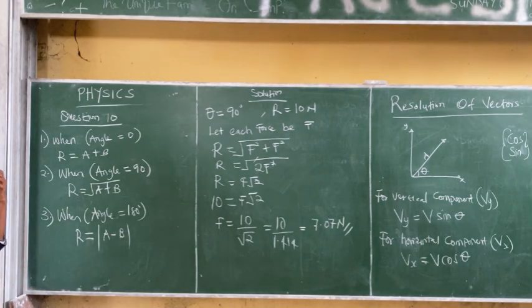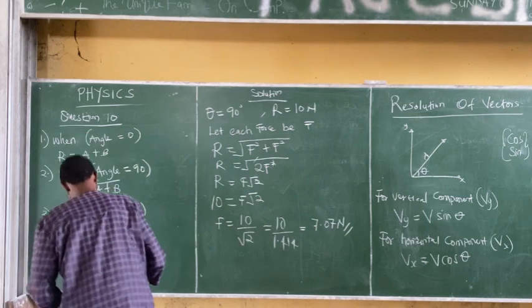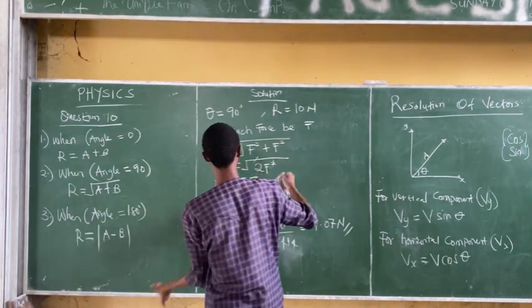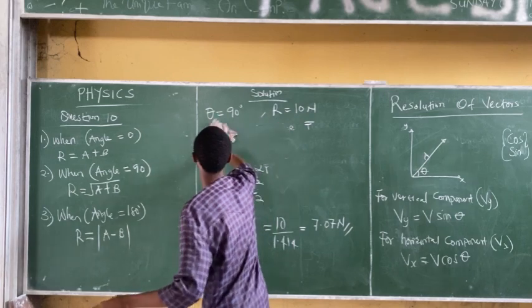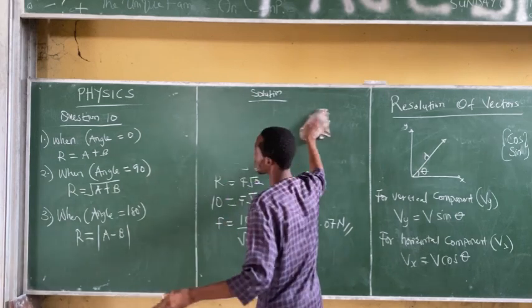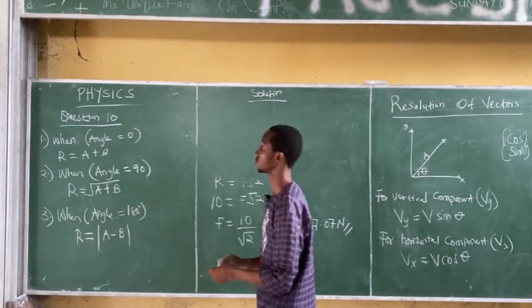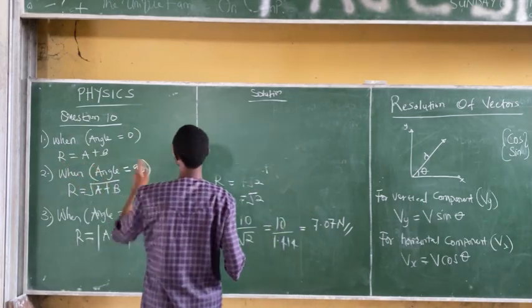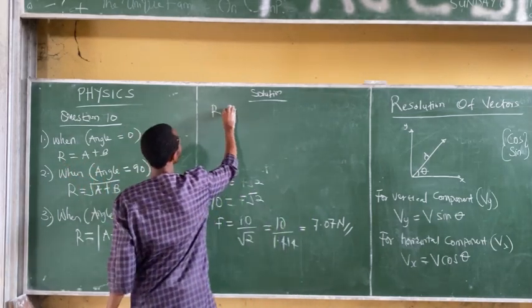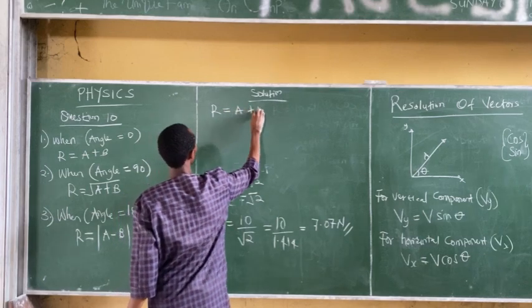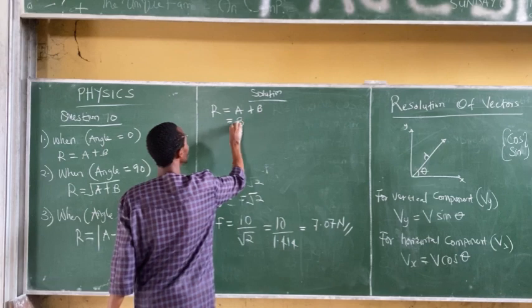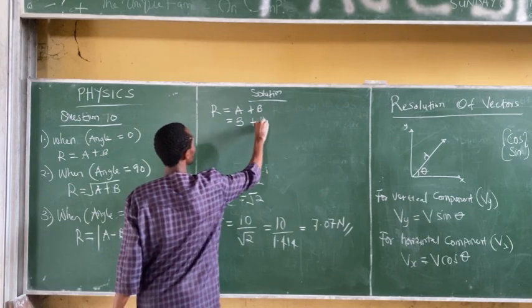Now for the question, they asked, what is the maximum resultant vector? It means at maximum resultant, both of them are in the same direction. And when both are in the same direction, the angle is equal to 0. The formula we need to use is R equal to A plus B. From the question, A is 3 and B is 4.